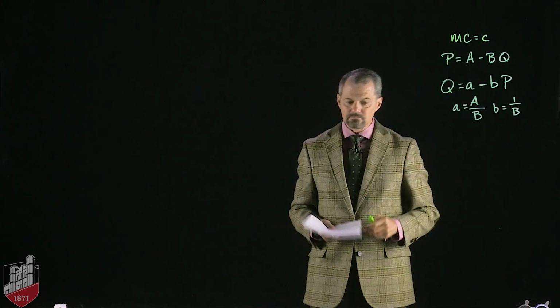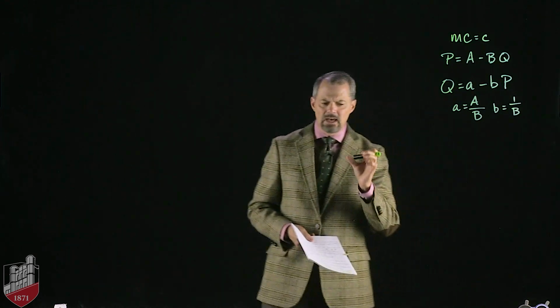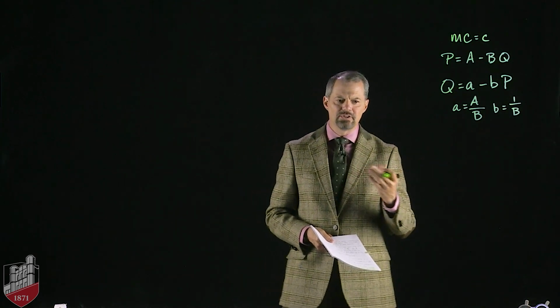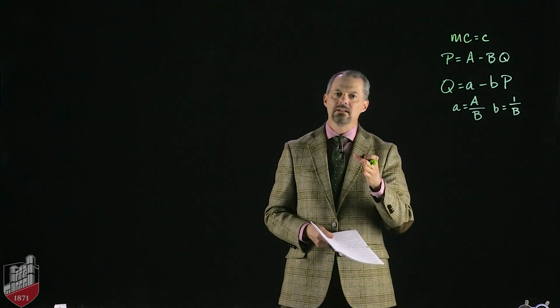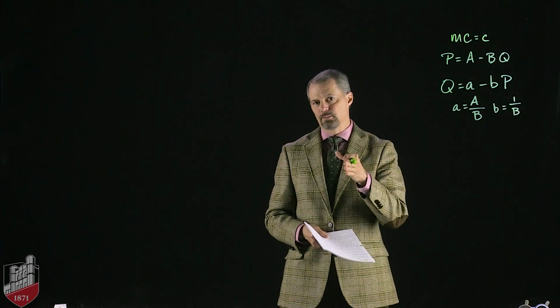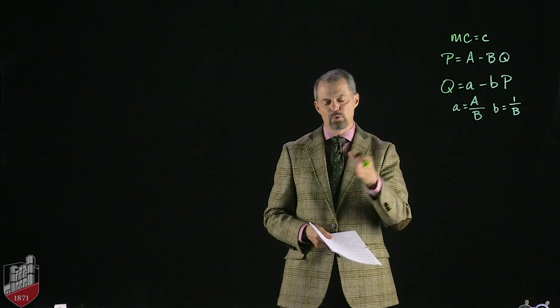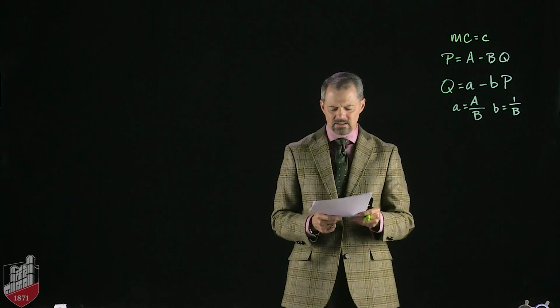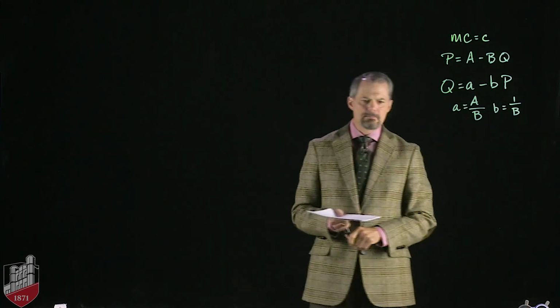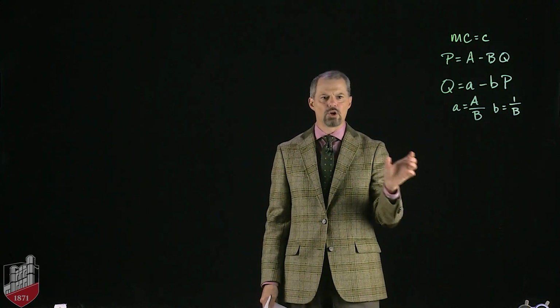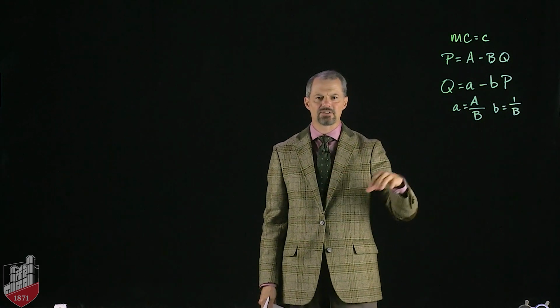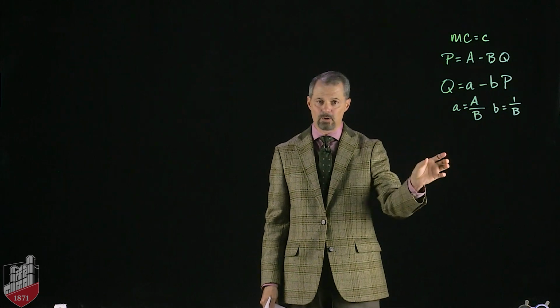So now, when firms have identical goods and they're choosing prices, because the goods are identical, the consumers will just buy from whichever firm has the cheapest price. So let's think about firm 1 and firm 2. If firm 1 has a lower price than firm 2, then the customers are all going to buy from firm 1.